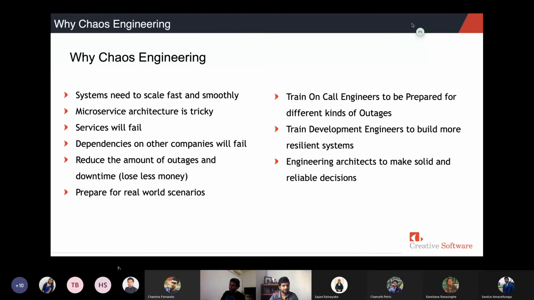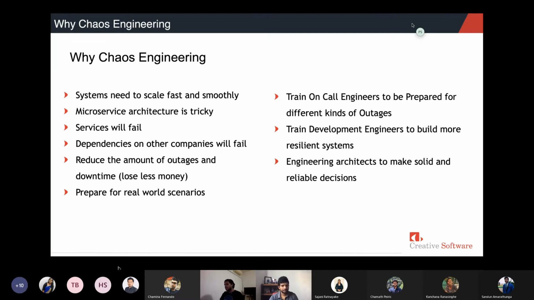The other important fact is dependencies on other companies. For example, Netflix had a dependency on AWS, and because their region went down, they had a very large service disruption. So you need to think about those things and engineer your solution to withstand those failures.